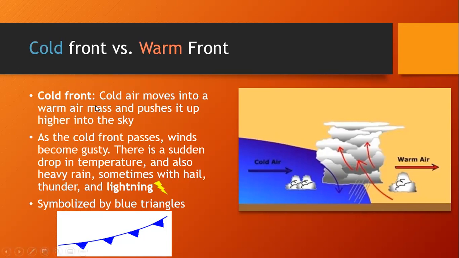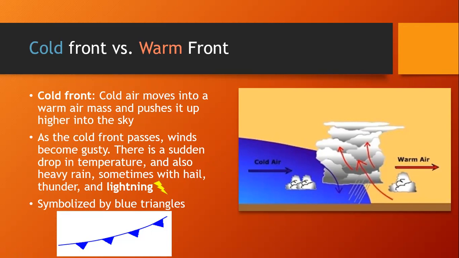So for a cold front, cold air moves into a warm air mass and pretty much pushes it up. And that's how you get a cold front, because the resulting air that's pushed downward, essentially towards the Earth's crust, towards the land, that's the cold air.